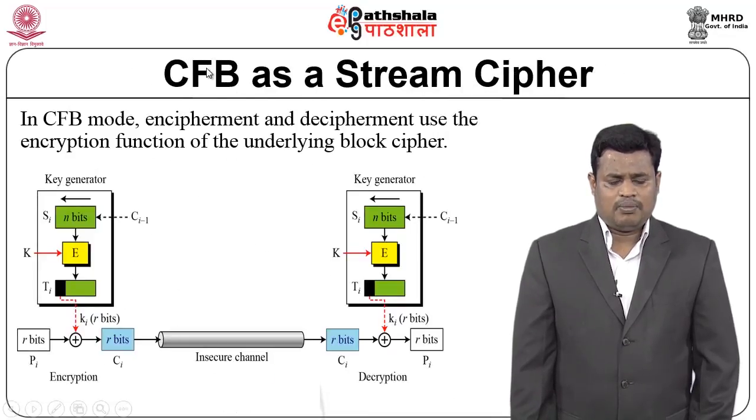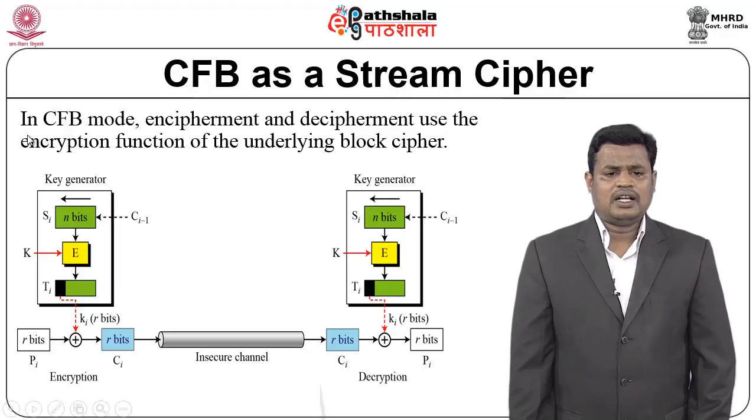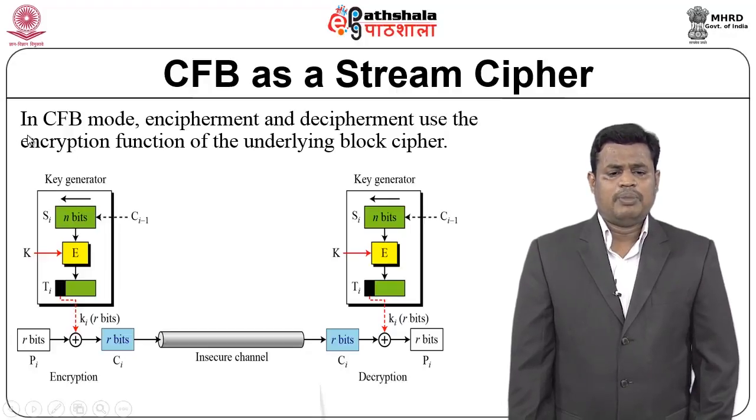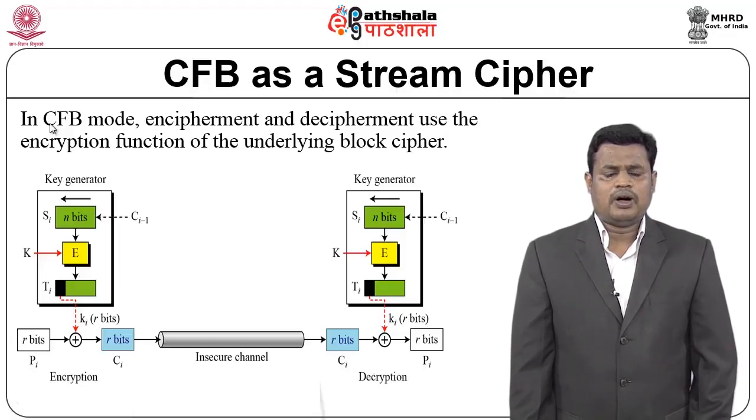So this mode of operation is suitable for the stream cipher, where I can do single bit encryption, bit by bit, that is what a stream cipher is. Block cipher means I take a group of bits, while stream cipher takes one bit at a time for the encryption process. In CFB, that is our Cipher FeedBack mode, encipherment and decipherment use the encryption process of the underlying block.